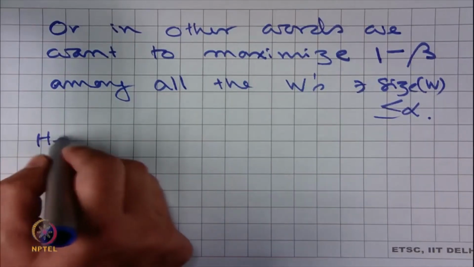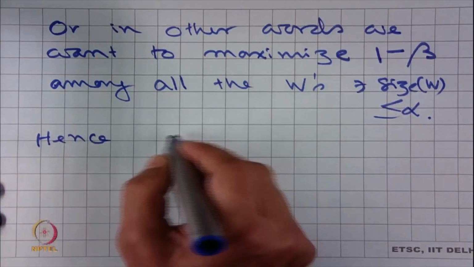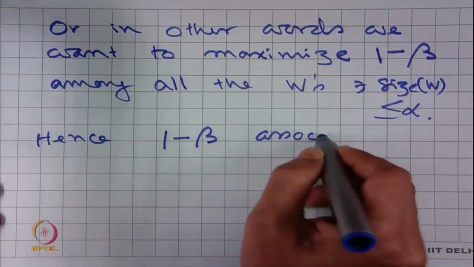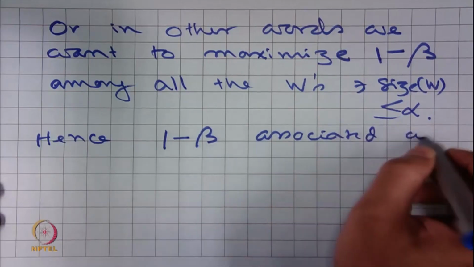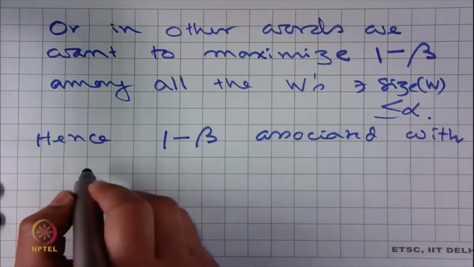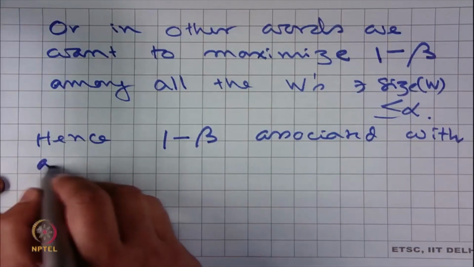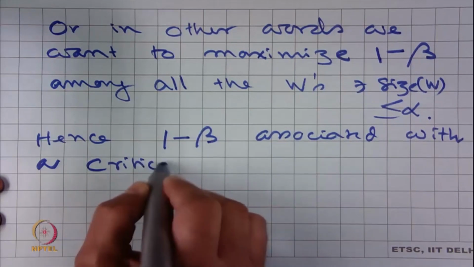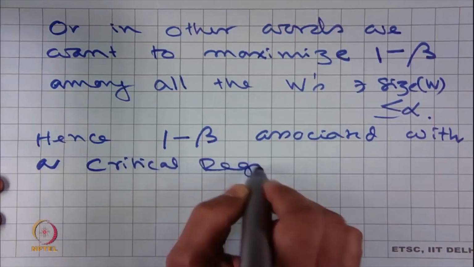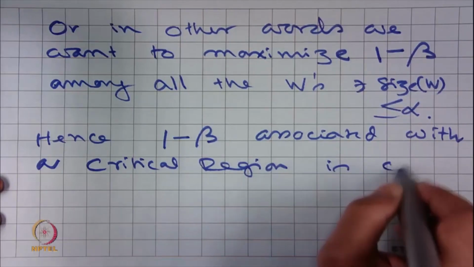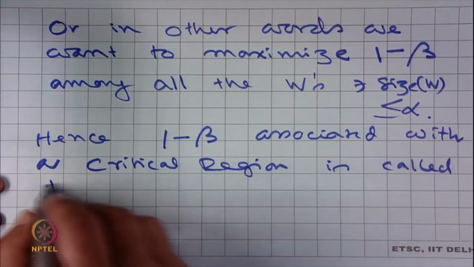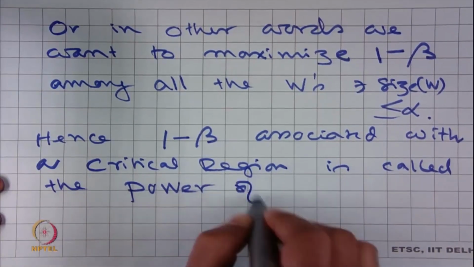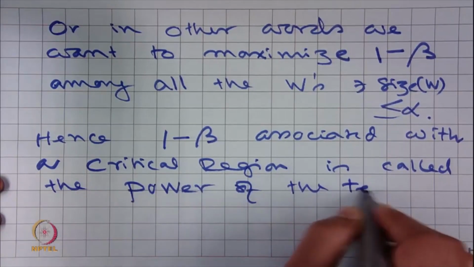Hence, 1 minus beta associated with a critical region is called the power of the test.